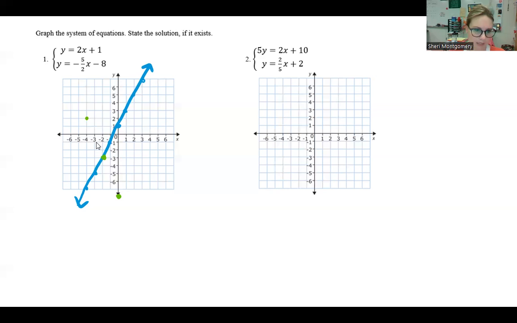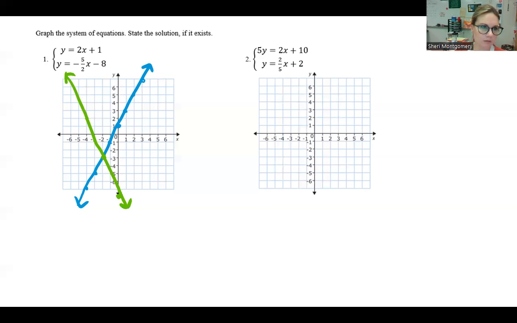I'm also going to connect the dots. Do the lines cross? Can you see where?